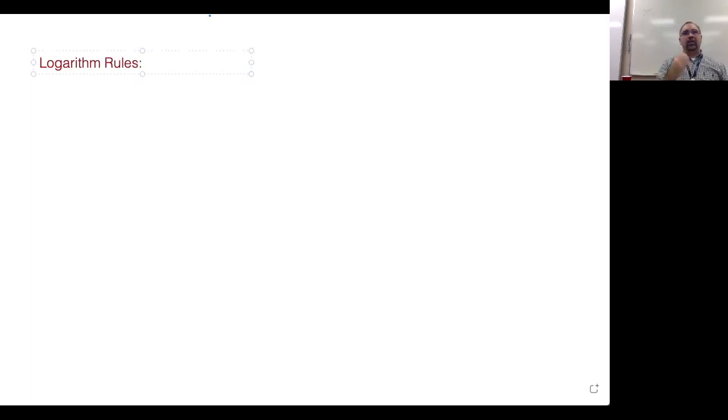And there's a few rules in here that we know, and actually they're very closely related to some exponential rules we know. So for example, let's write exponential rules up here too. In exponents, let's start with an easy one.